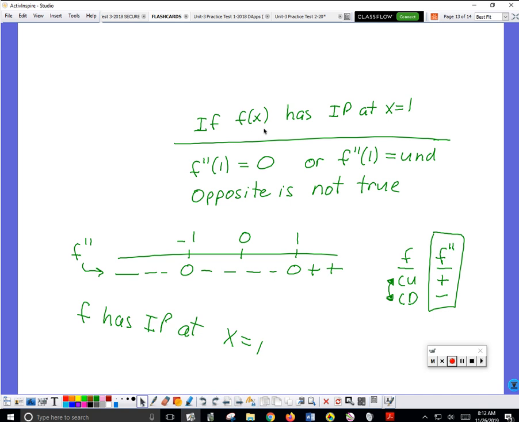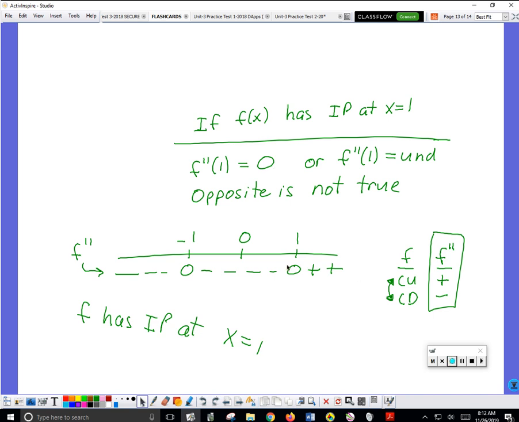If f has an inflection point at x = 1, then you're guaranteed that f double prime of 1 has to be 0, or f double prime of 1 has to be undefined. Be careful though, the opposite is not necessarily true. Just because f double prime has a value of 0 doesn't mean there is an inflection point.